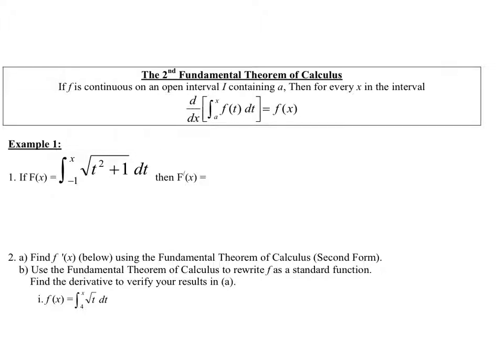The function needs to be continuous. Basically what we're doing here is changing variables, from representing it in terms of time to representing it in terms of x. If the function isn't continuous, you can't use the second theorem. That's correct. It'd have to be continuous on the interval you're looking at.